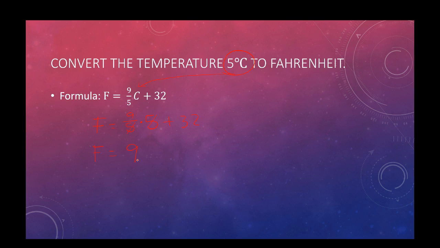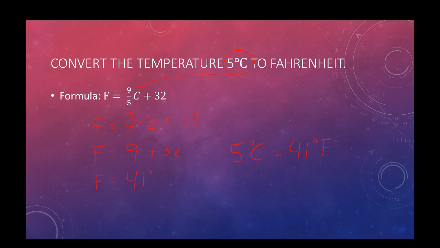You could use a calculator to calculate that for you. And then drop down the plus 32. Then at the end, go ahead and add the 9 and the 32, and you're going to get 41 degrees. So 5 degrees Celsius is equal to 41 degrees Fahrenheit.